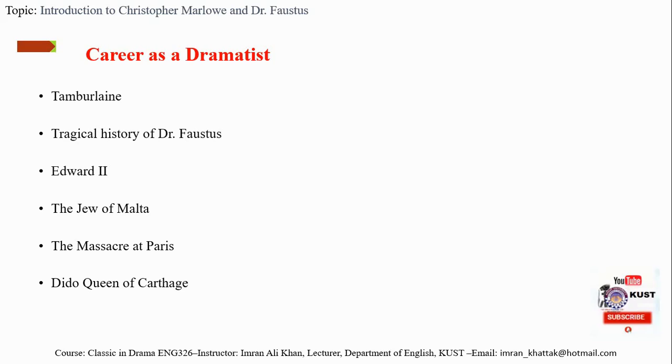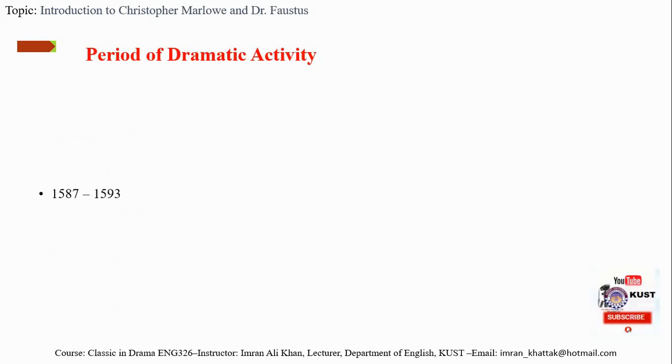He is considered the great dramatist because during this short span of 6 years he produced important works and established himself as a dramatist.